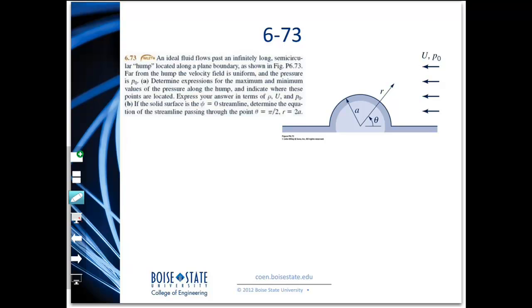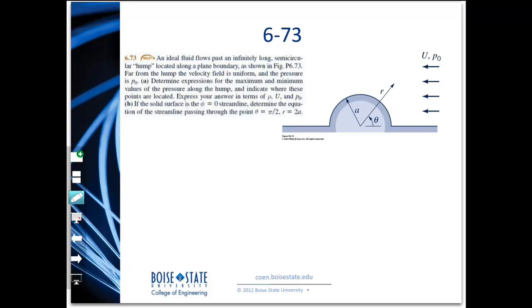You're asked to determine expressions for the maximum and minimum values of pressure along the hump and indicate where these points are located. And express your answer in terms of rho, U and P0. If the solid surface psi equals 0 is a streamline, you're asked to determine the equation of the streamline passing through the point theta equals pi over 2, r equals 2a.